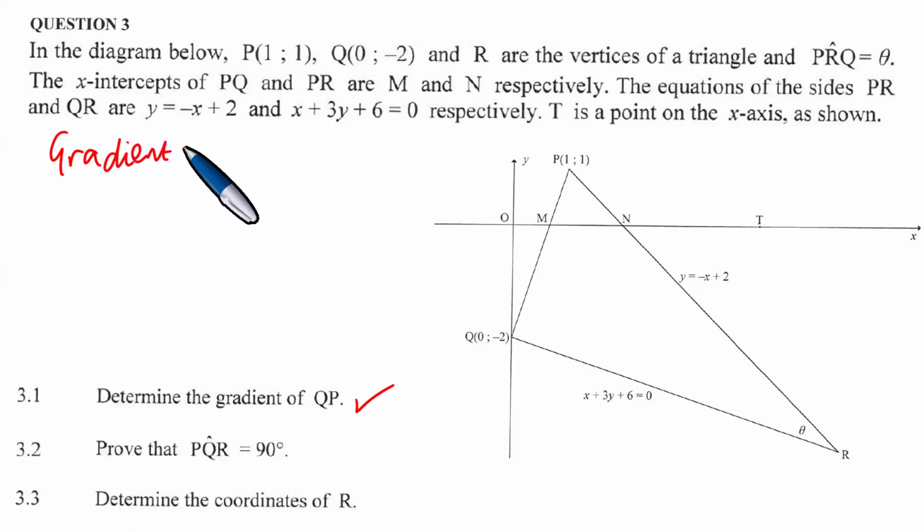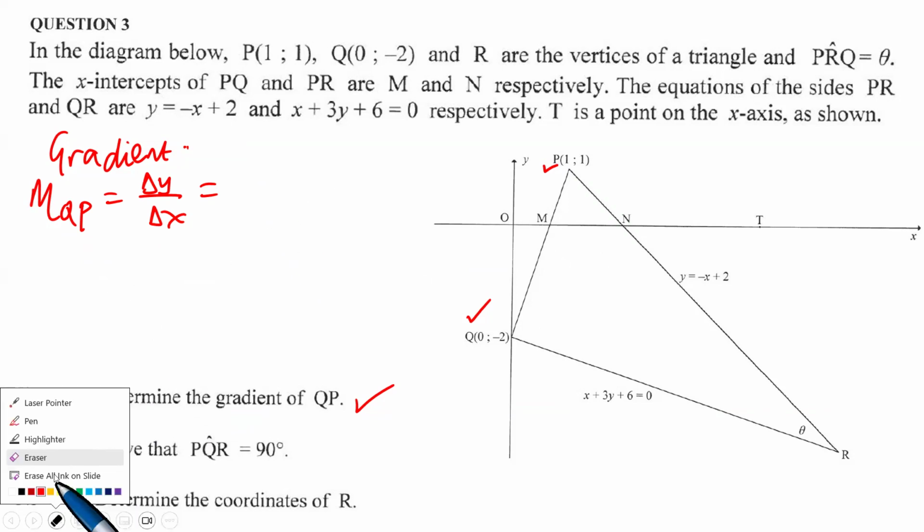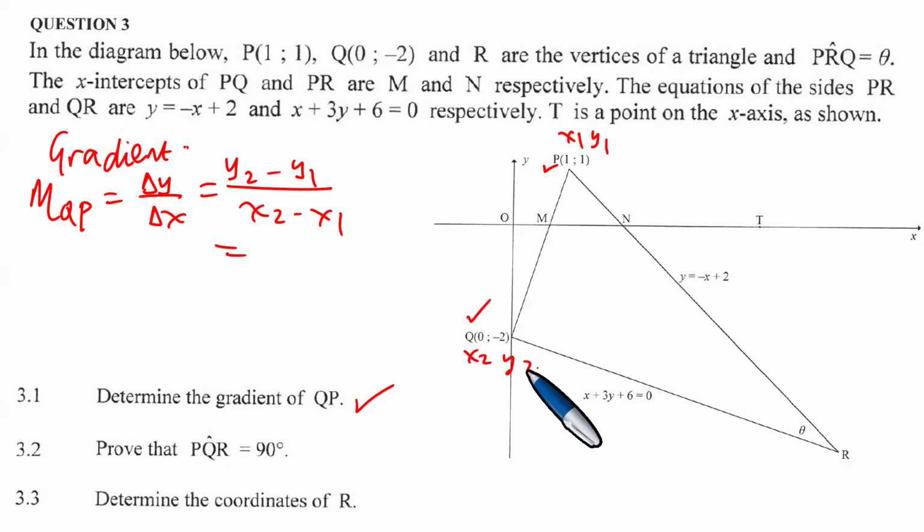So the gradient of QP is change in y over change in x, which means you have y2 minus y1 over x2 minus x1, where this is x1, y1 and this is x2, y2.